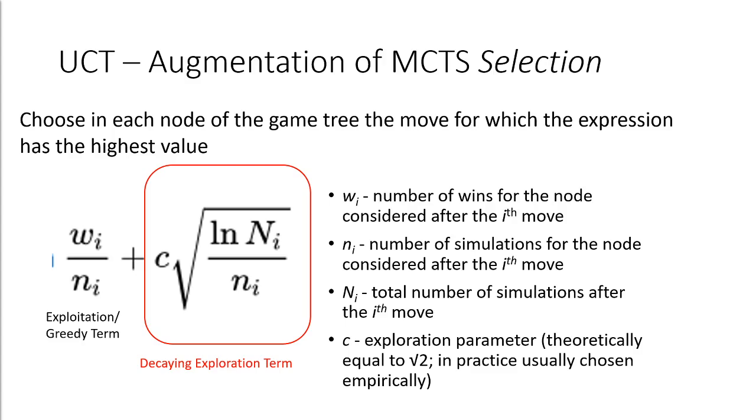That's our stat that tells us the ratio that we think is accurate. But while our n is small, we have this decaying exploration term. So if our n is small, that means that our w over n is not necessarily very accurate. We could have had an early success, but that's not something that's going to stick long term.